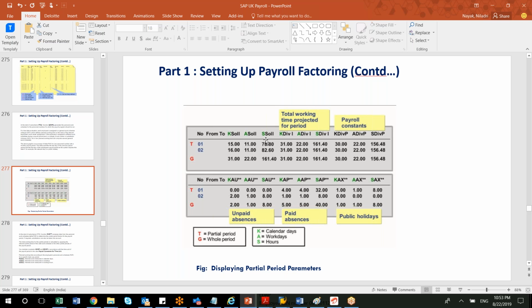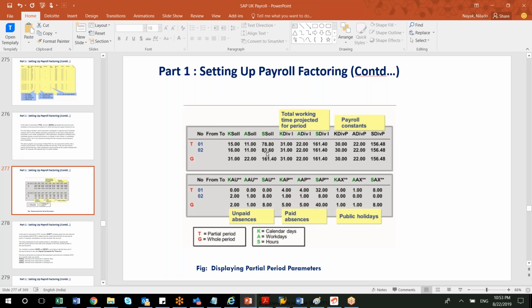And S is related to hours. For that particular month, your total working hours is 161.40. If it is a partial period, in the case of T, suppose out of 31 days you have worked 15 days, and your total number of working hours is 78.80.